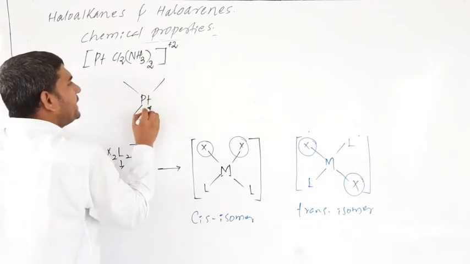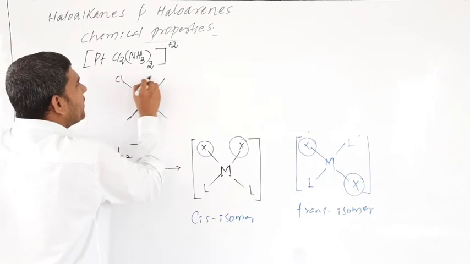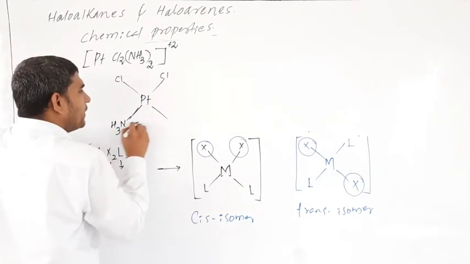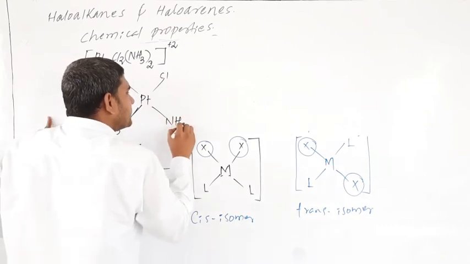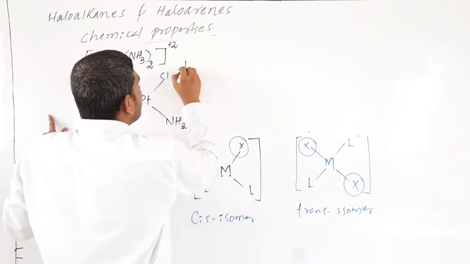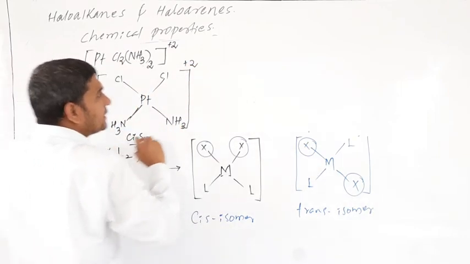Now you can write Cl on the same side, which means you can write Cl adjacent to each other. Understood? This is the cis isomer.